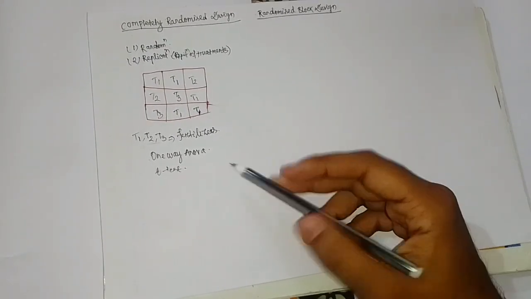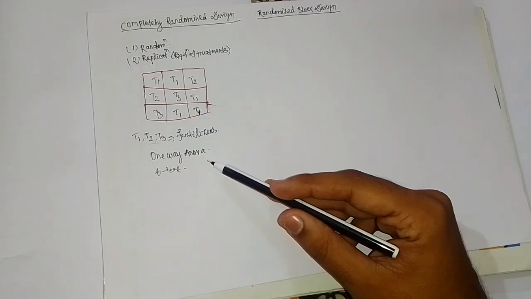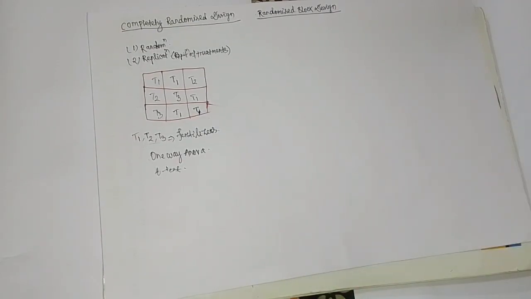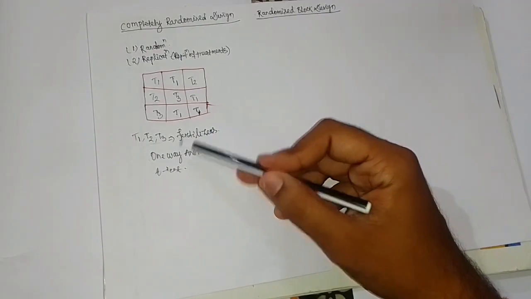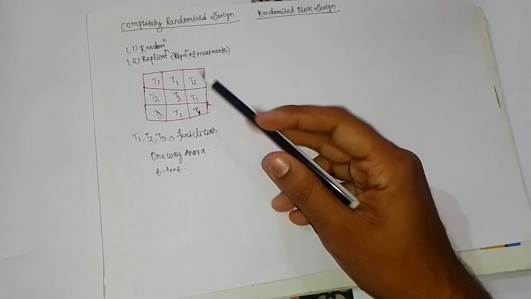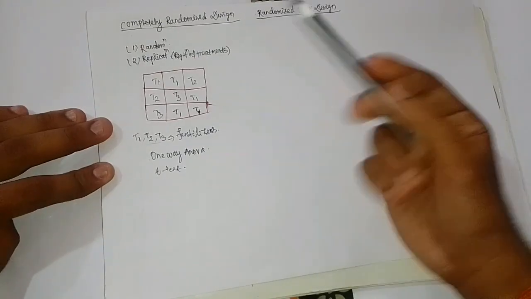Here, using ANOVA, by calculating the sum of squares due to treatments, errors, and total sum of squares, we can easily calculate the variations of treatments. So that's all about completely randomized design.